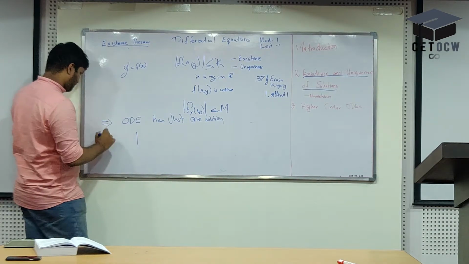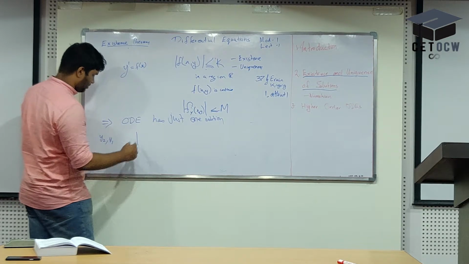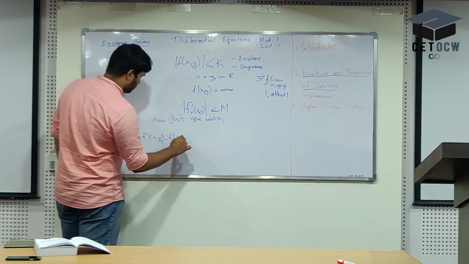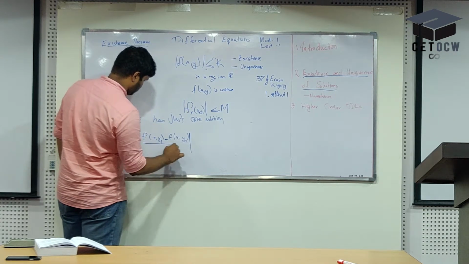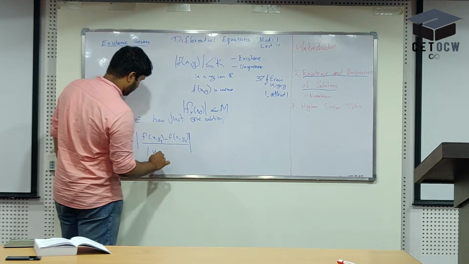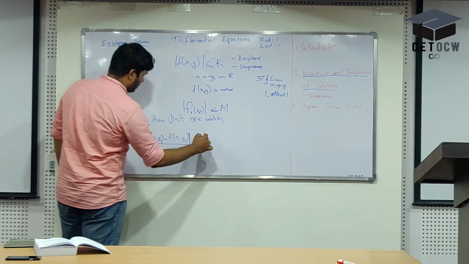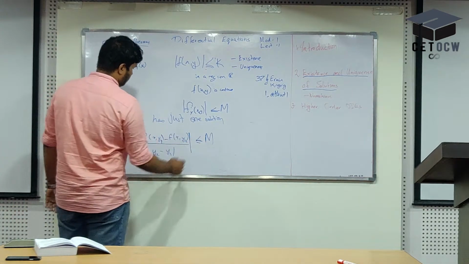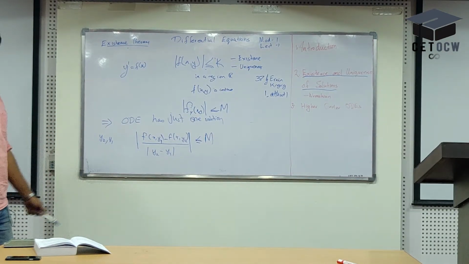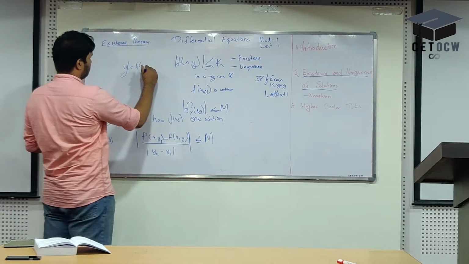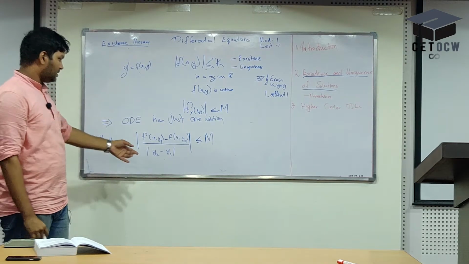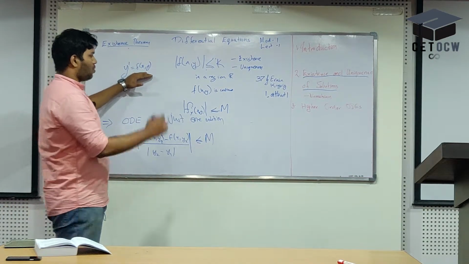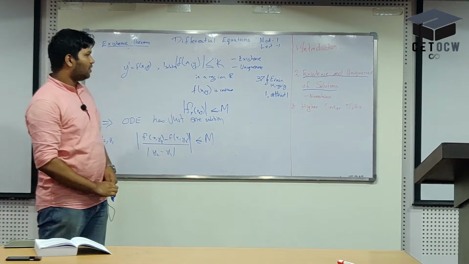That is, if you have y2 and y1, and if you can say that the modulus of f of x comma y2 minus f of x comma y1, divided by the modulus of y2 minus y1, is less than or equal to some constant m, that's bounded, then the ordinary differential equation will have just one solution.